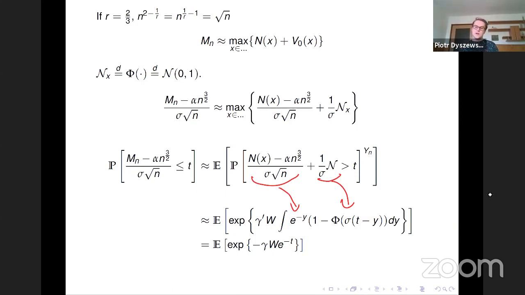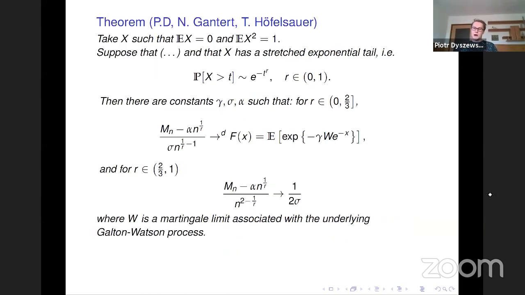But still, if you look at this integral as a function of t, this is still a constant times e to the minus t. So nothing really changes. Those fluctuations do contribute, but the contribution can be hidden in a constant. So in the case where r is very small, the behavior of the whole system is really governed by one big jump.